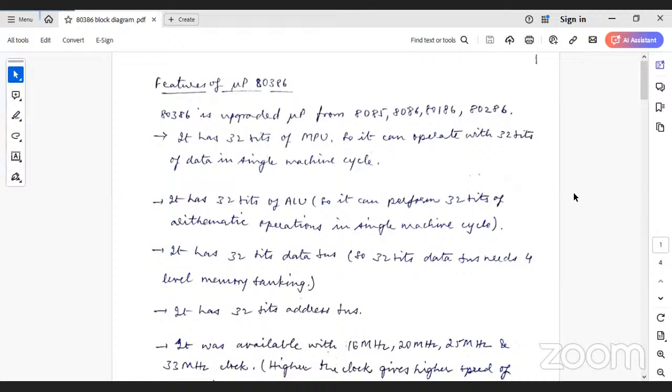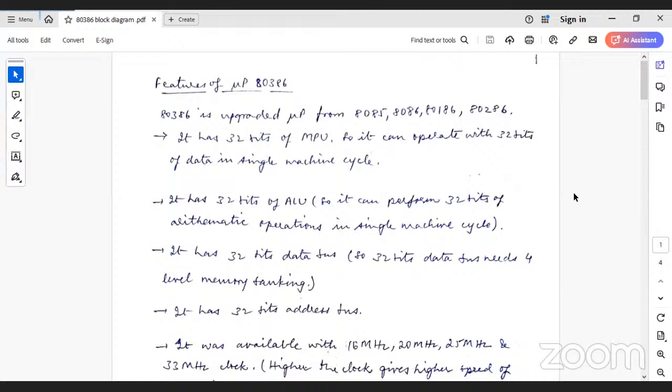Now, not only the microprocessor, so in that microprocessor, if it is 32 bits, your arithmetic logic unit also is 32 bits. Obviously, a microprocessor consists of an arithmetic logic unit. It consists of the different buses in that. So the size of the bus also will decide the speed of the processor.